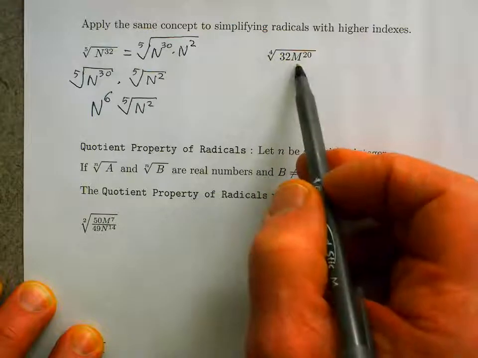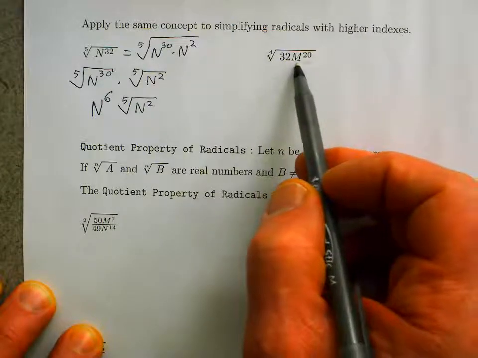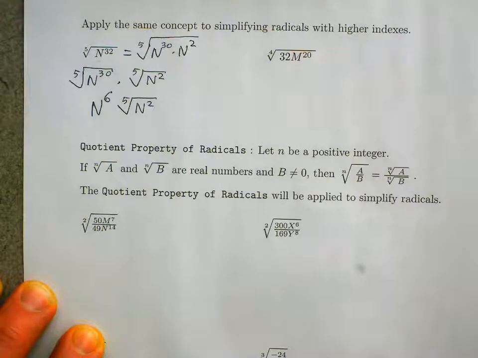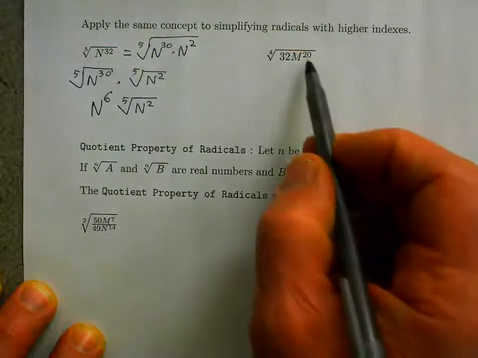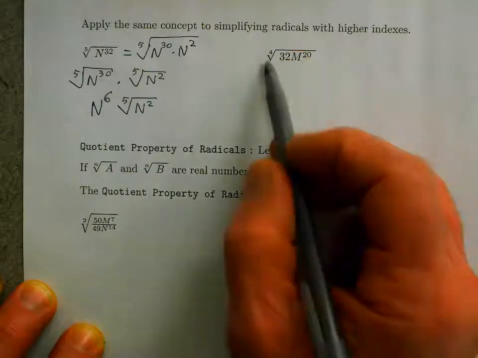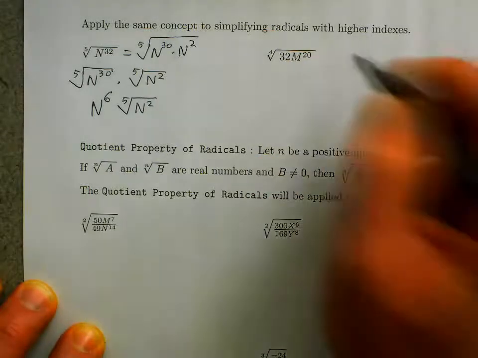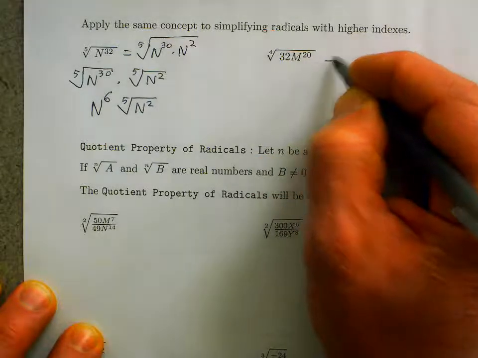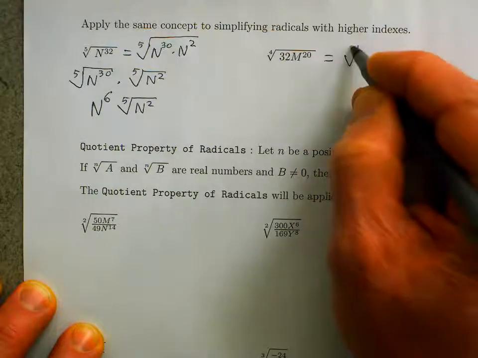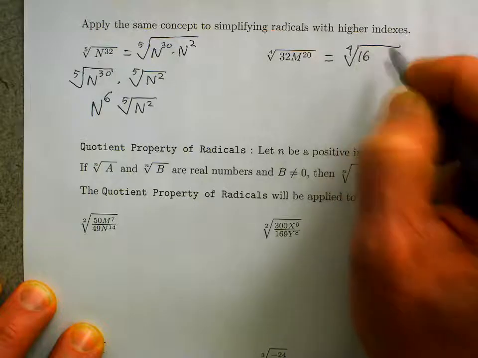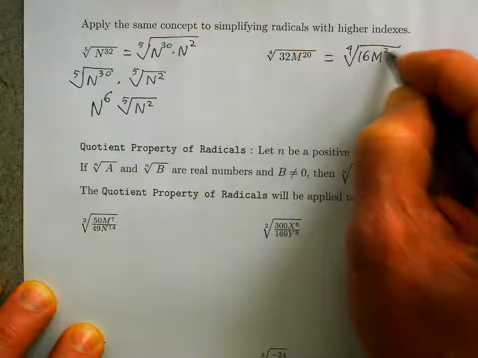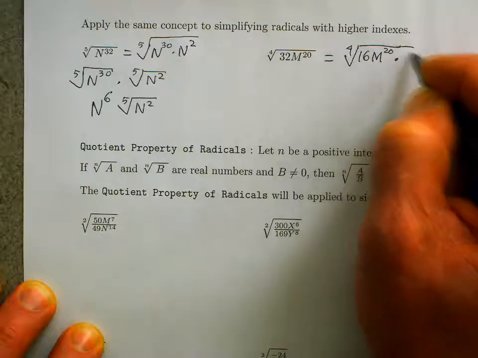What about the largest factor of m to the 20th that is a perfect fourth power? M to the 20th is a perfect fourth power because the exponent 20 is a multiple of 4. So we'll rewrite this as the fourth root of 16 times m to the 20th times 2.